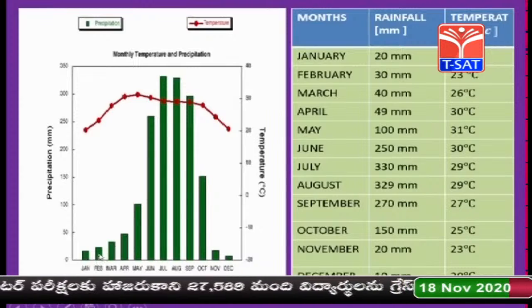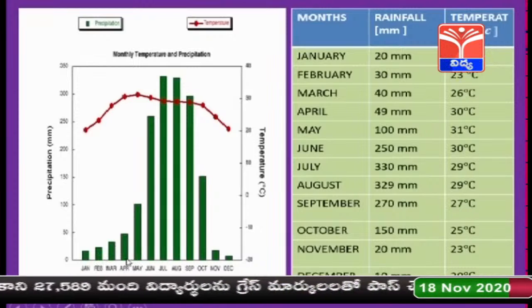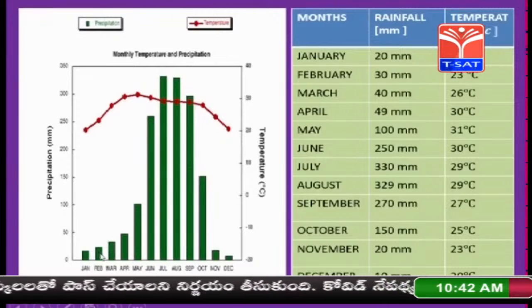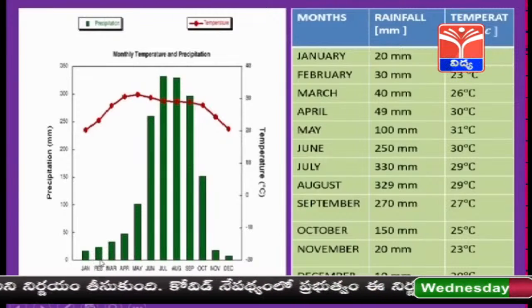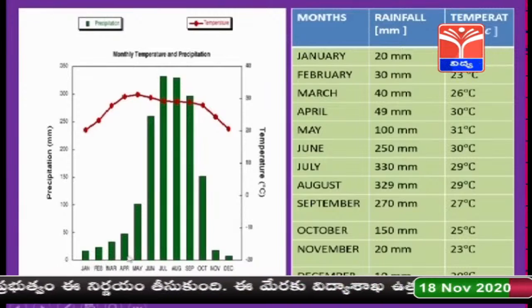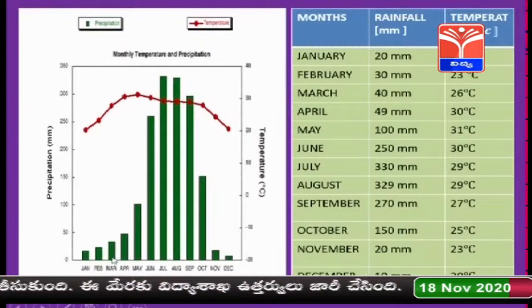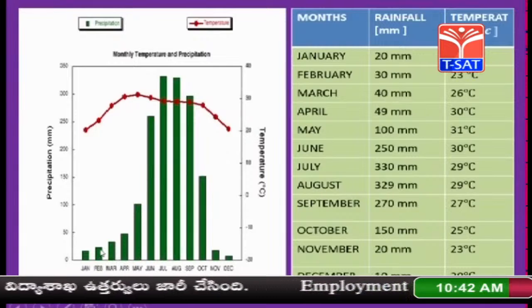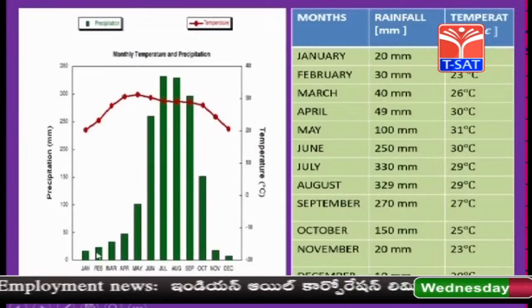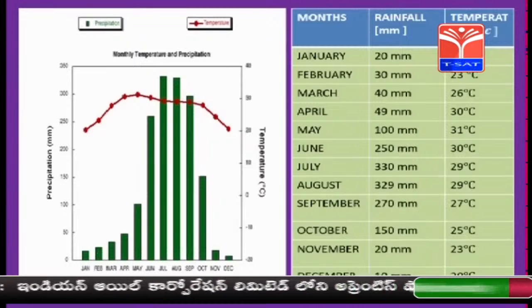Actually in this picture we are seeing green color, but whenever we draw a climograph, it has to be in blue color because water is in blue color. So, rainfall is in blue. So, bar graphs should be in blue. And let me tell you one thing, a climograph varies from place to place and country to country.